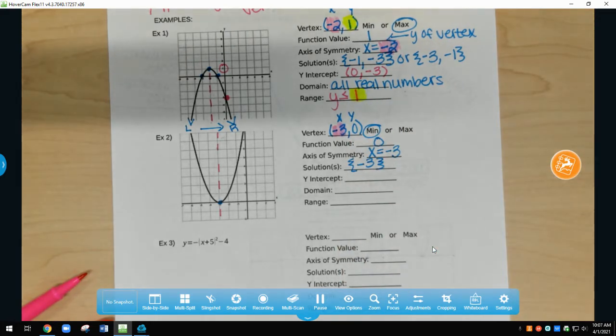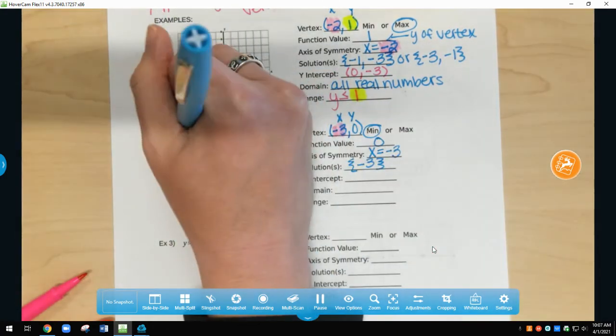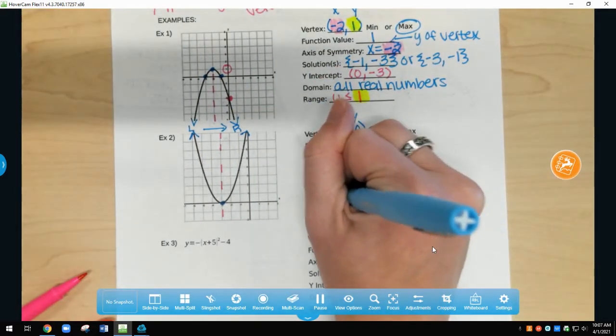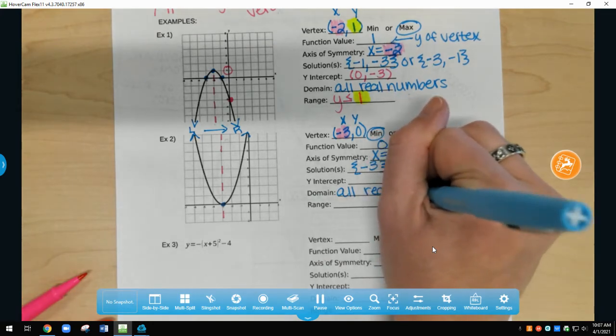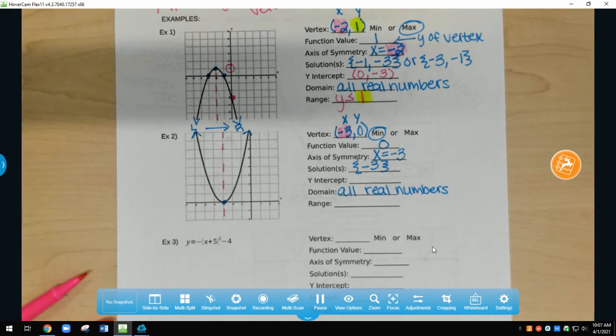Okay, my y-intercept is off the graph. So we're going to go ahead and skip that one because it would be up here somewhere. So domain. Remember, we have arrows, so 2 arrows, all real numbers. The range.